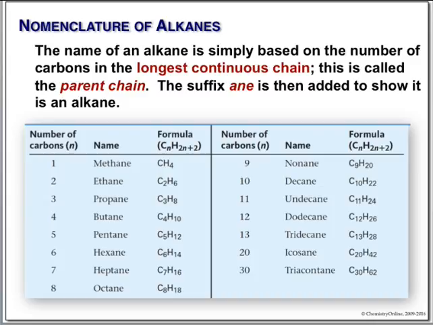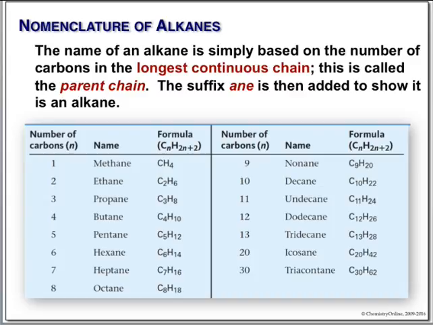So meth means 1, eth means 2, prop is 3, but is 4, pent is 5, hex is 6, hept is 7, etc. The fact that all these names have A-N-E on the end tells you that they're simple straight chain alkanes.